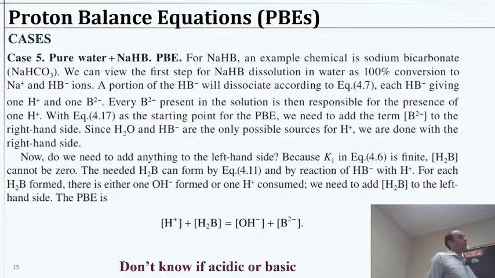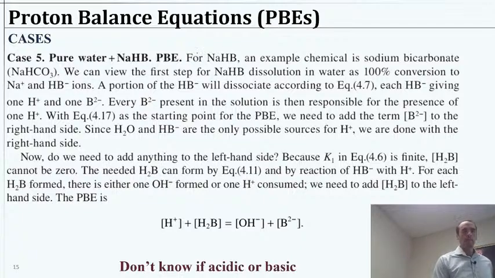Now from there, the HB minus can go back to H2CO3 or to CO3 2 minus, or rather H2B or B minus, or B2 minus, right? And we'll have HB minus.